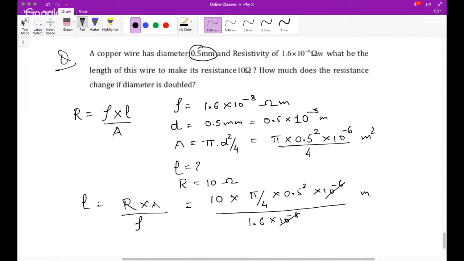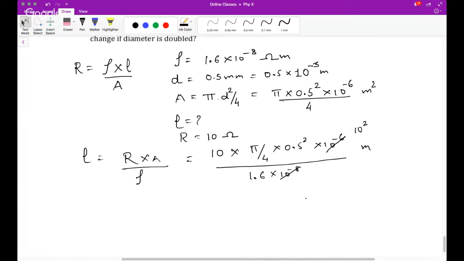So if you cut it, it will become 10 square here, and if you multiply all of them, let's simplify further. So hence it is 10 into 22 by 7. For approximation, I can take 22 by 7, or you can take 3.14, whichever way you want, into 0.5 square is 0.25 divided by 4 divided by 1.6, and there is into 100, right?